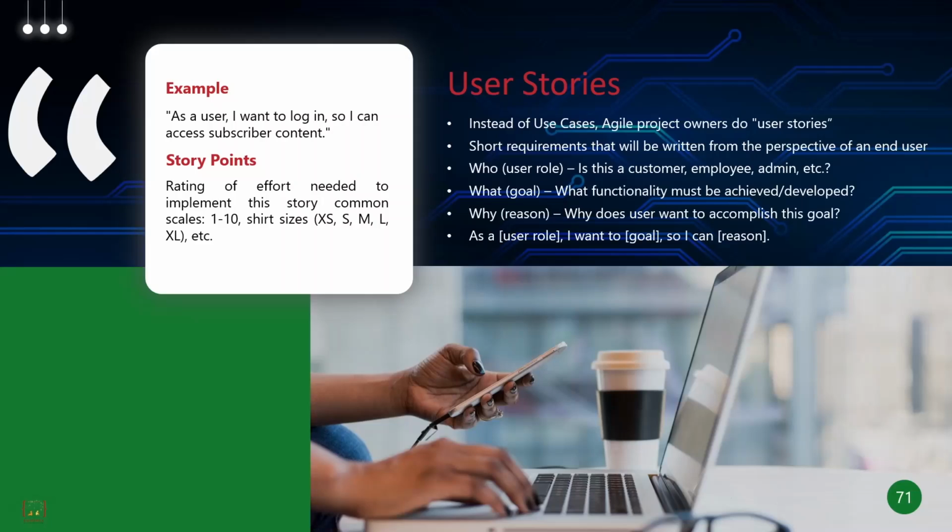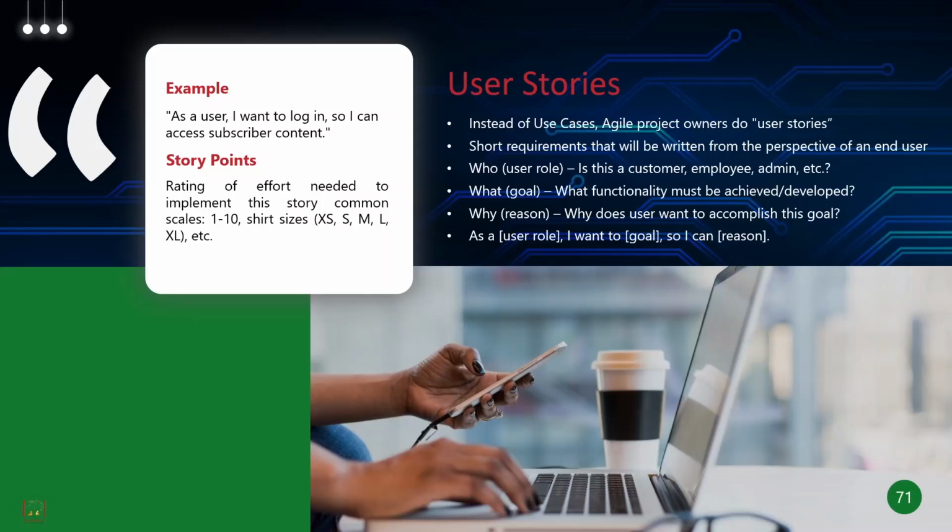Now, we talked about this as well. The user story should always be written from the perspective of the end user. So who is the user? It's going to be a customer, employee. You should have a goal: what is the functionality that the user wants to achieve or develop? Why is the reason: why does the user want to do this, and what goal are they trying to accomplish by doing this user story?